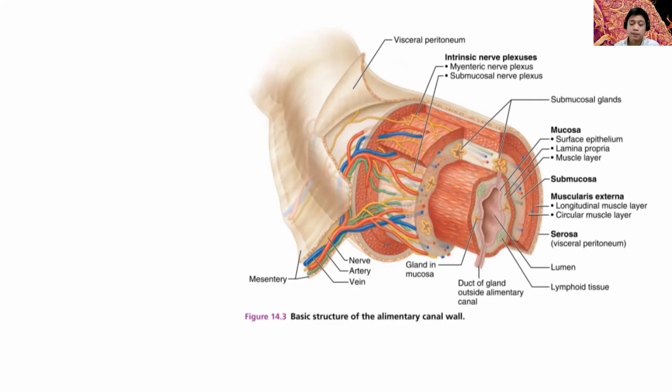But at the same time, the mesentery will conduct into the viscera nerves, arteries, and veins so that you have blood supply to the viscera. So yung mesentery dyan ay eto lang, no? Yung covering lang. Inside it will be your nerve, artery, and vein.